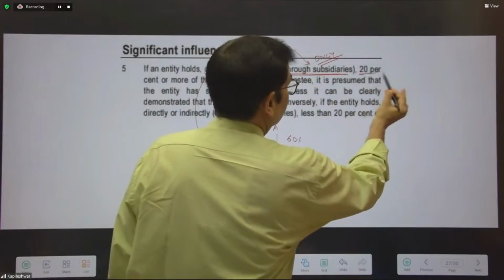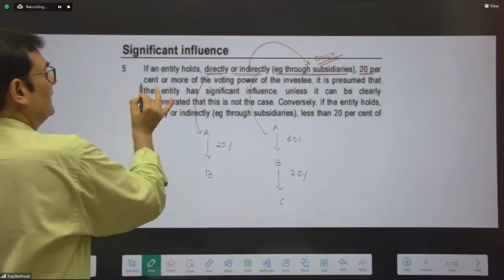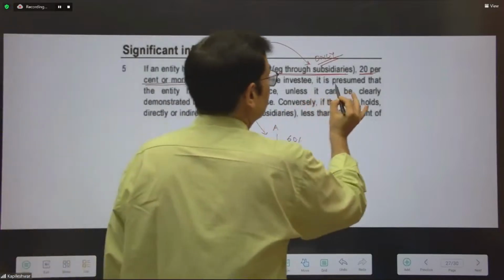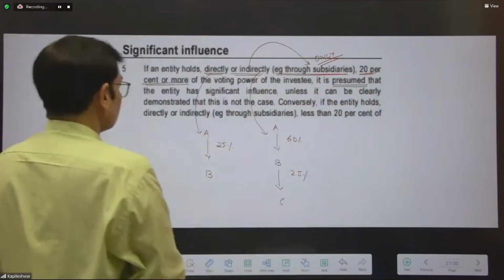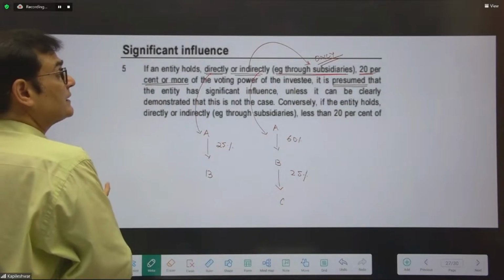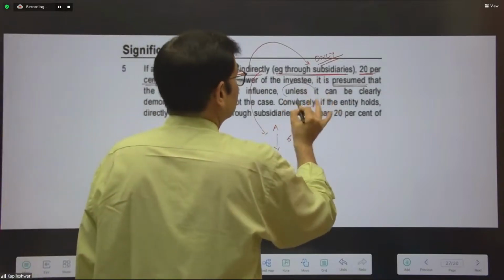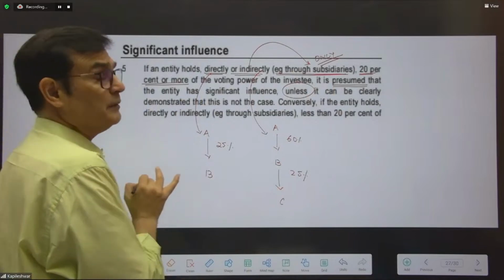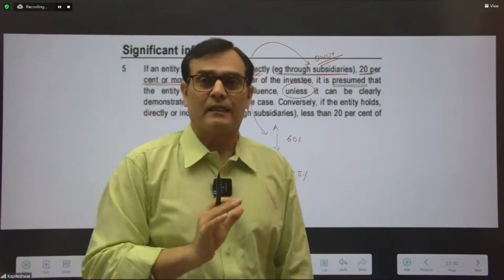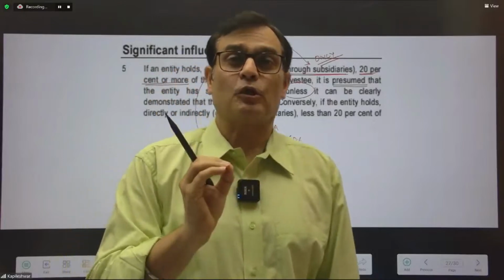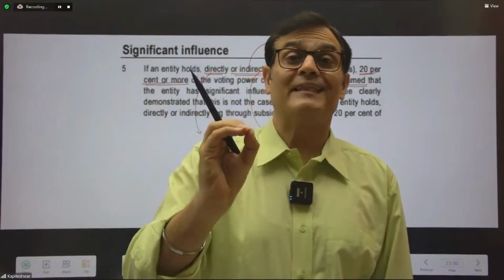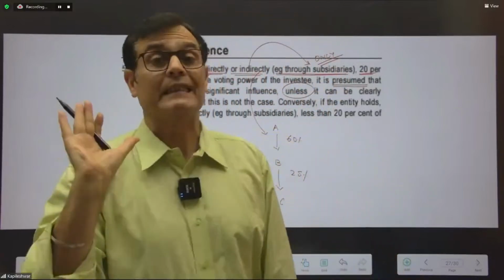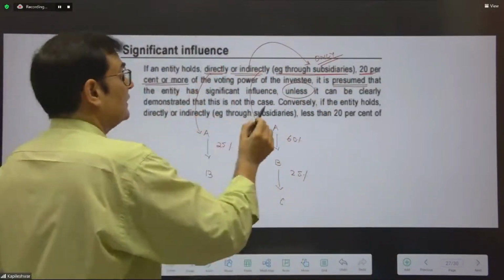It says if you've got directly or indirectly 20% or more voting power in the investee, it is presumed that the entity has significant influence unless it can be clearly demonstrated that this is not the case. That means on a very apparent level, if you've got 20% or more voting power, it implies significant influence unless the facts and circumstances indicate otherwise.